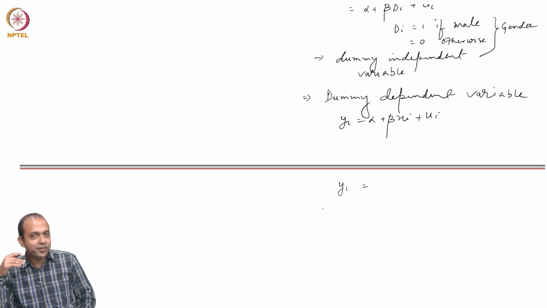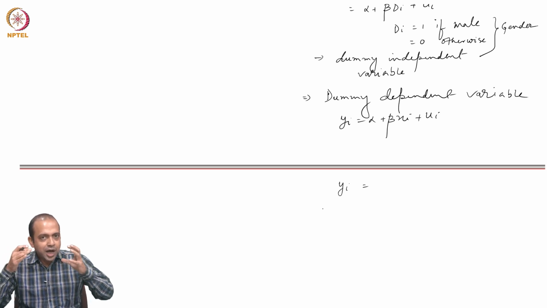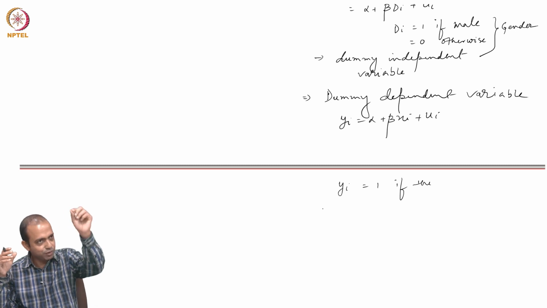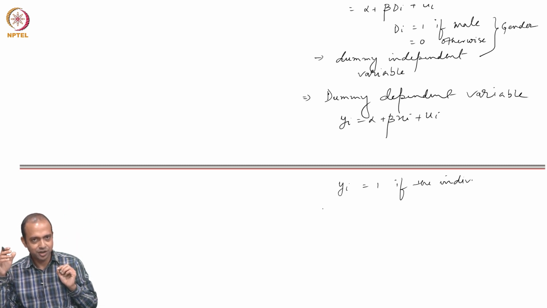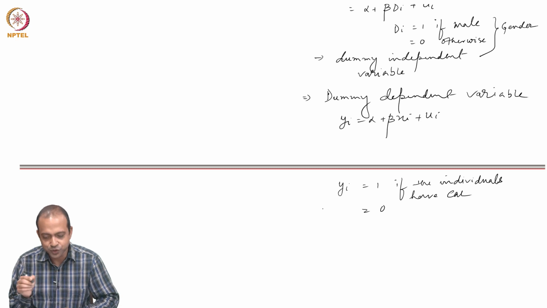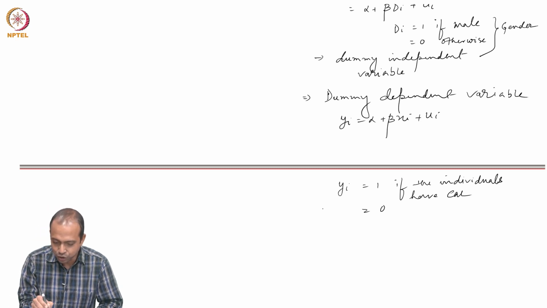So, that means I am interested in checking the determinants of car owning. I will go to the individual and ask, do you own a car? They will say either yes or no. Depending on the yes or no, I will put 1 and 0. So, this is a case where the dependent variable is dummy, right? And then we can model that situation as a qualitative response model using Logit or Probit kind of model.